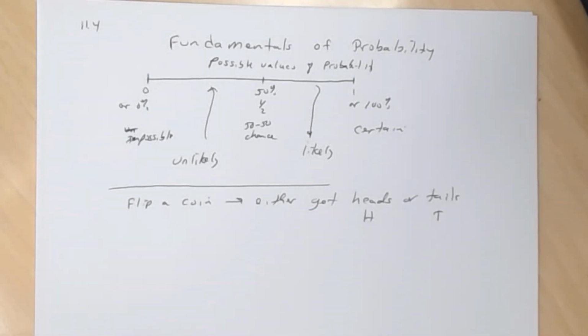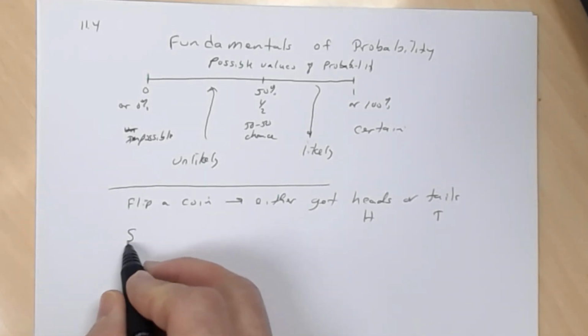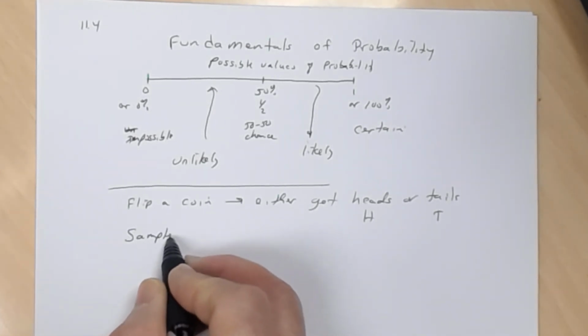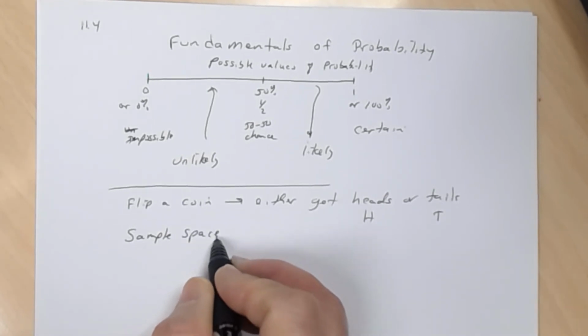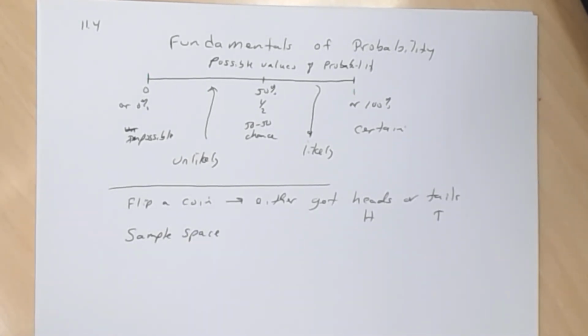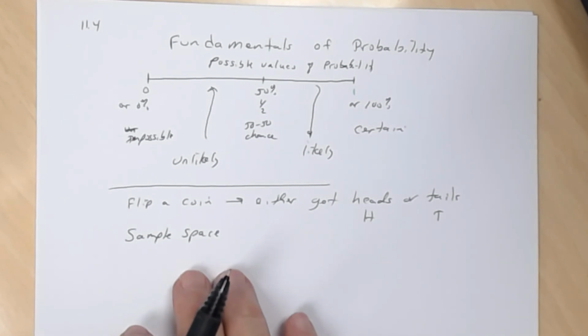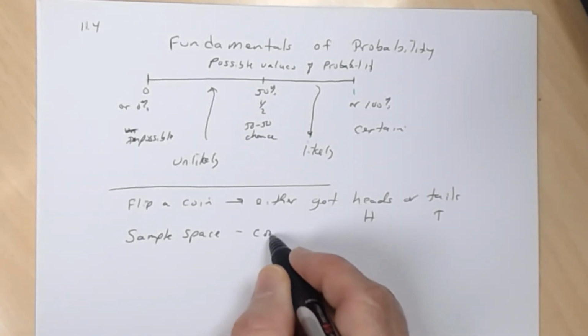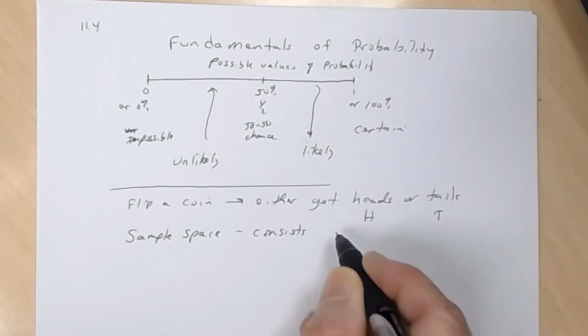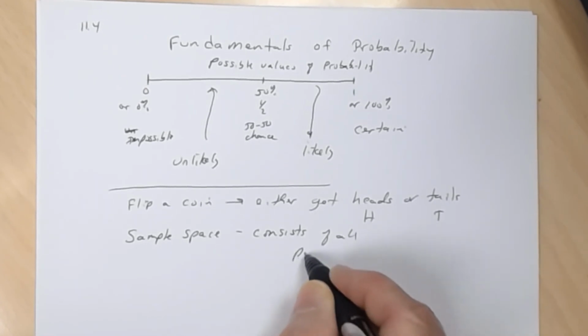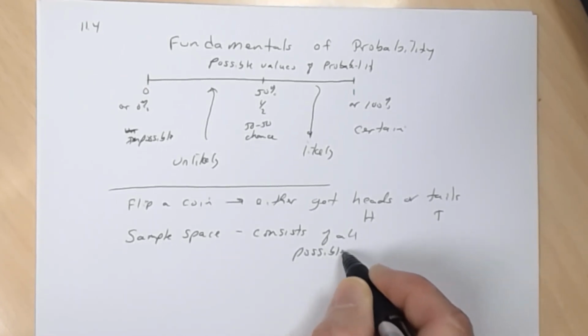As we talk through this, we're going to use the word sample space. So let's talk about what we mean by sample space. The sample space consists of all possible outcomes.